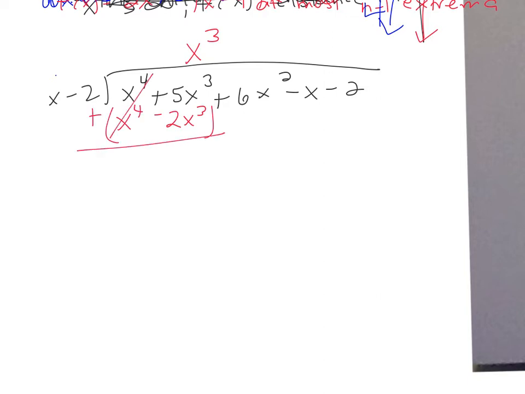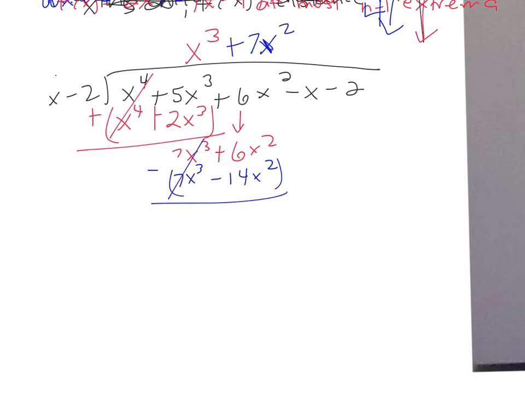So we have 5x to the 3rd plus 2x to the 3rd is 7x to the 3rd. Bring down the 6x squared. So x times what is 7x to the 3rd? That would be 7x squared. So multiply down, we get negative 14x squared. And we get 7x to the 3rd.